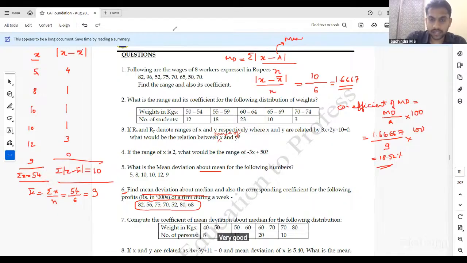Very good. Jeevan, correct. Smriti, correct. Ashika, correct.